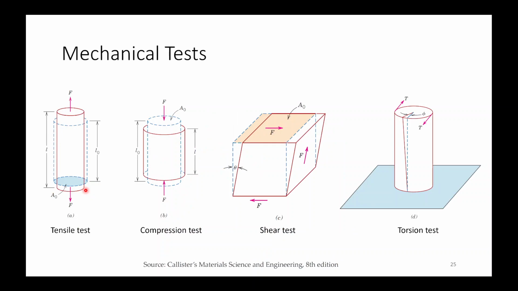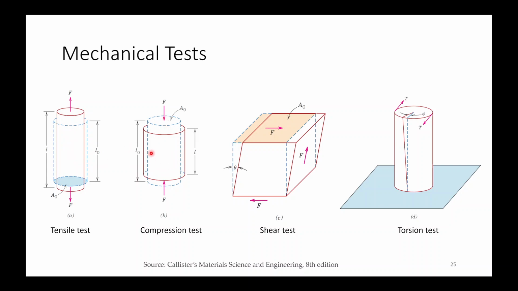Now, the various types of mechanical tests. First is the tensile test. In this we apply a pulling type of loading, and the cross section reduces while the gauge section increases.